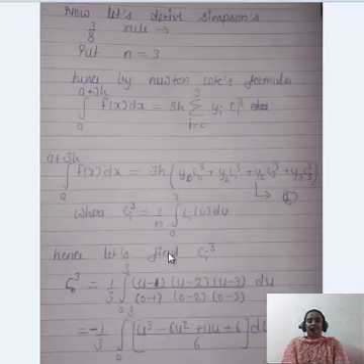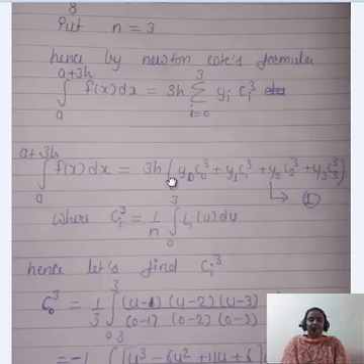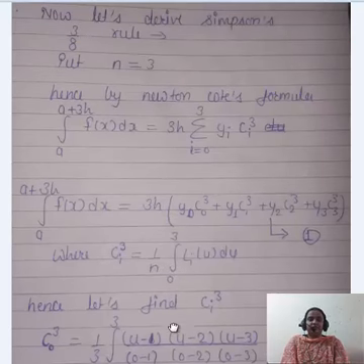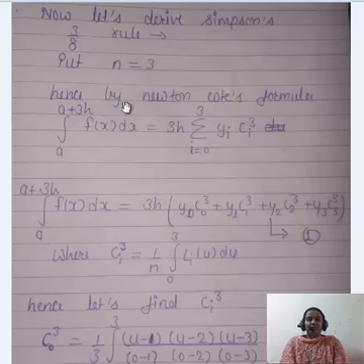Coming on to the next, we will derive Simpson's 3/8th rule from the same Newton-Cotes formula. We have seen Newton-Cotes formula, which was the integration of f(x) dx from a to a plus 3h. This time we will put n equals 3 to derive Simpson's 3/8 rule.